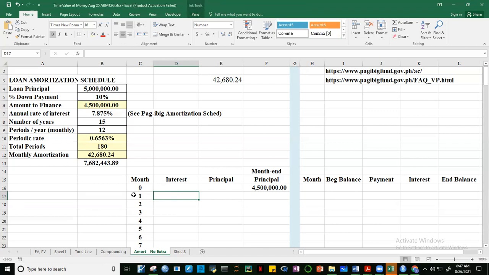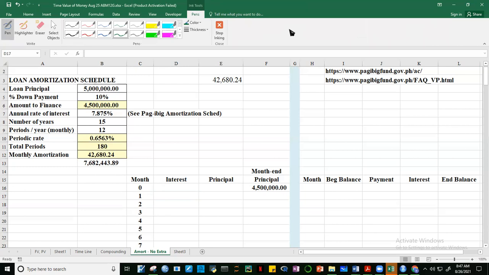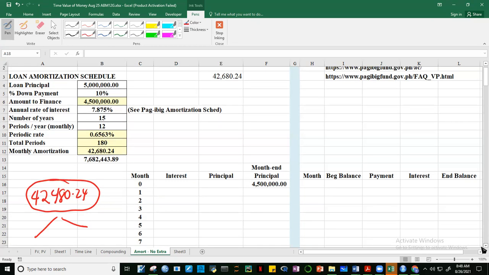This is what happens, guys. This is what we will pay, 42,680.24. Part of what we pay goes to interest, and the other part goes to principal.